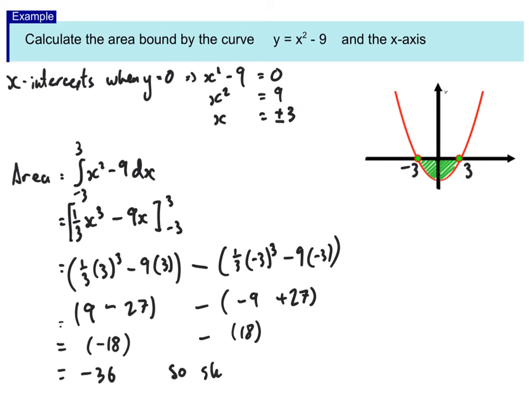So, shaded area is 36 units squared. You need to acknowledge the fact that there is a negative answer, and then you need to show the fact that you know you need to drop that negative.